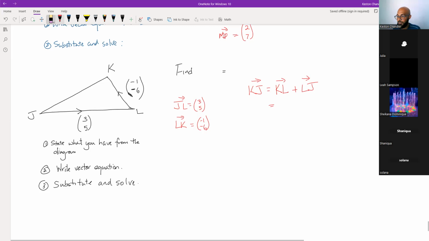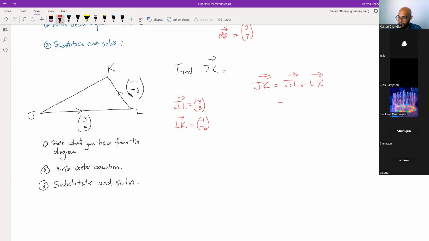Although you could work it out like that, I was going to show you all that after. So you're going from J to K, so it's JL plus LK. JL is my 3, 5, and my LK is -1, -6.